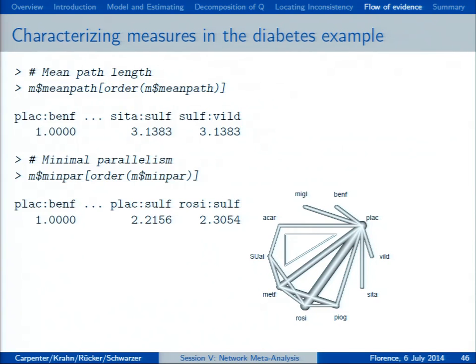And we can calculate mean path length and minimal parallelism, and we can see the minimal parallelism here is 2.3, so there is not much connectivity in this network, and also a mean path length of 3.1.